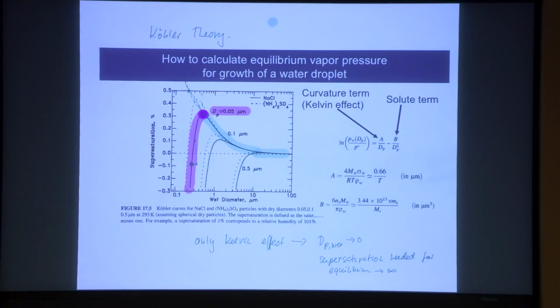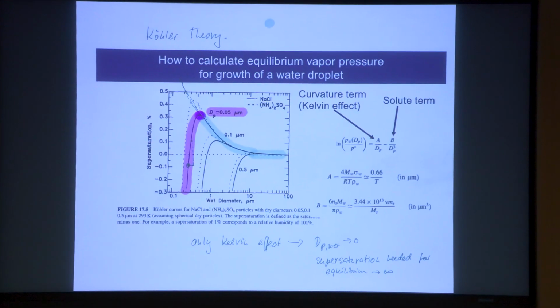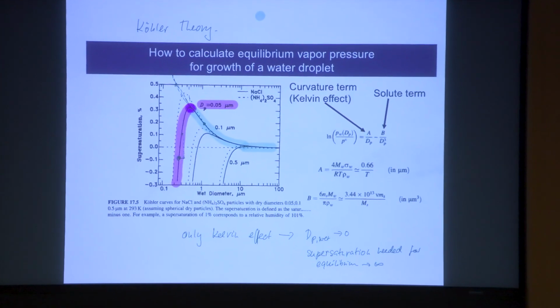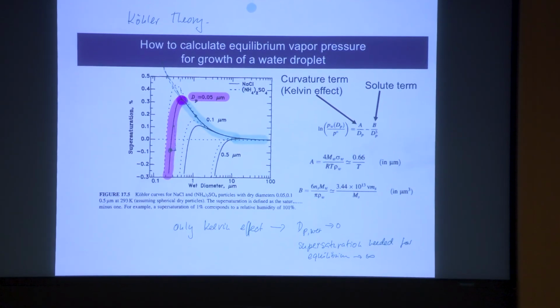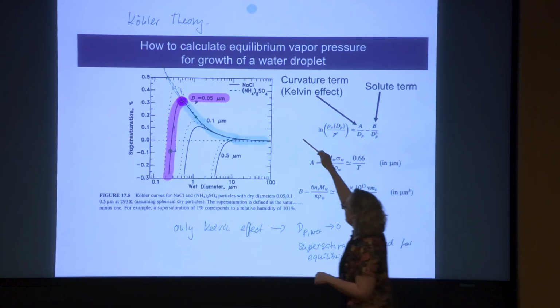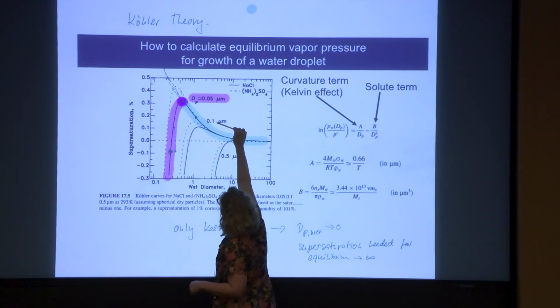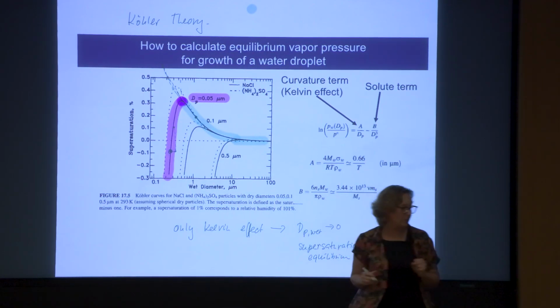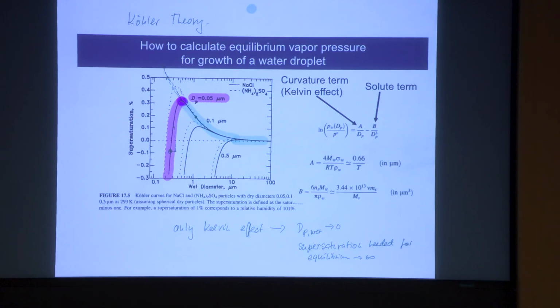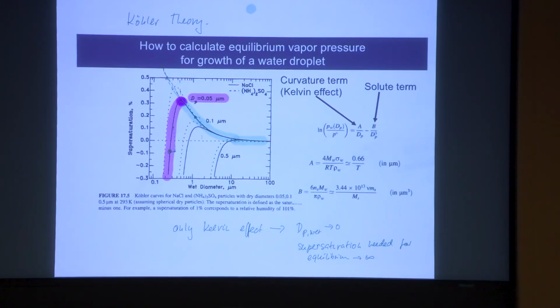Now let's look at the other branch. Let's look over here. Again, same example. We have this particle, it has this size. It's in equilibrium initially. And now let's have a few water molecules joining. So it becomes a tiny little bit bigger over here. And the environment hasn't changed, right? The environment still has the same amount of moisture.